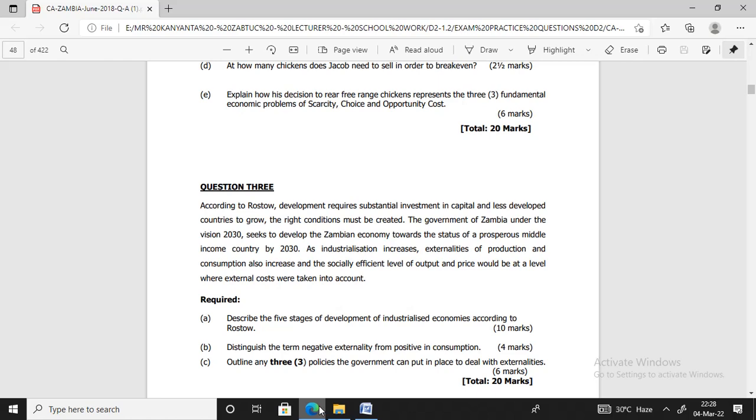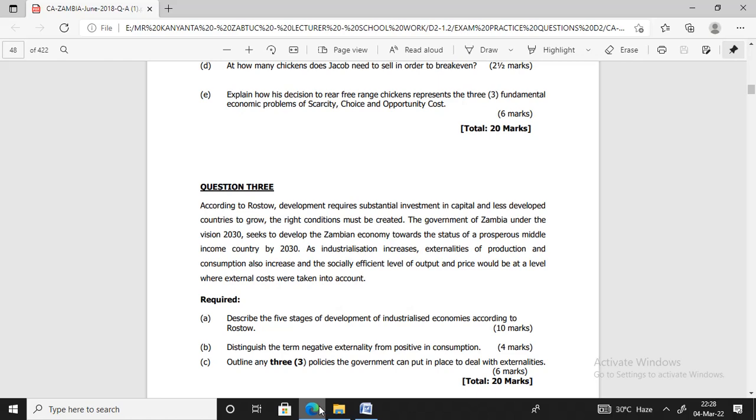That's a negative externality. The positive externality occurs when marginal social benefit is greater than marginal private benefit. That's a positive externality.